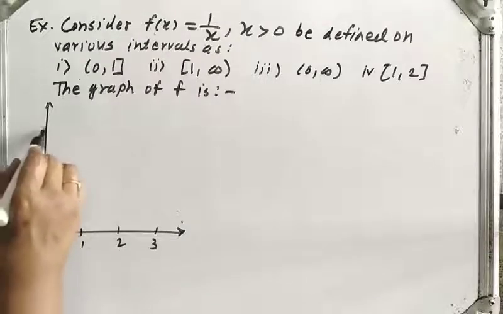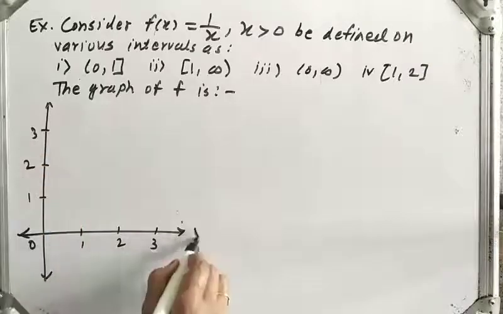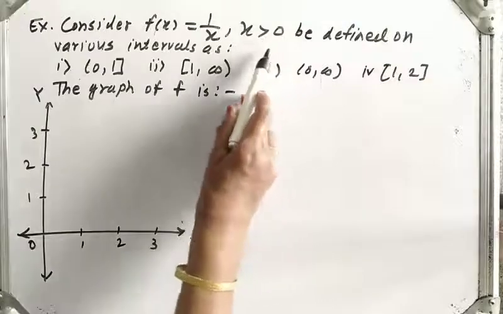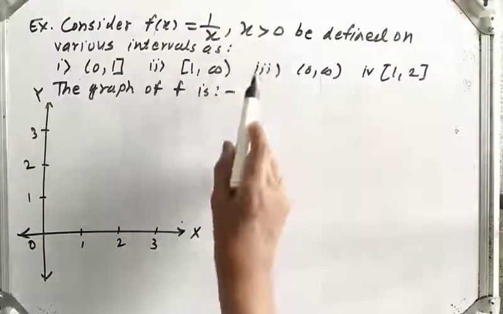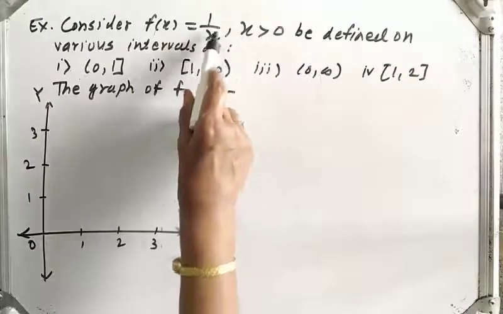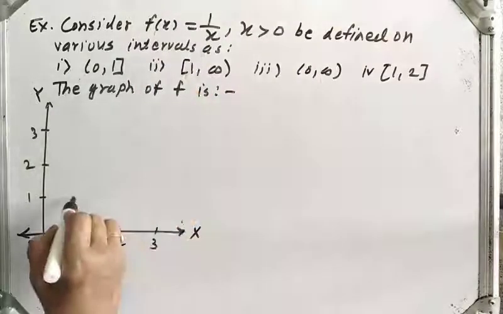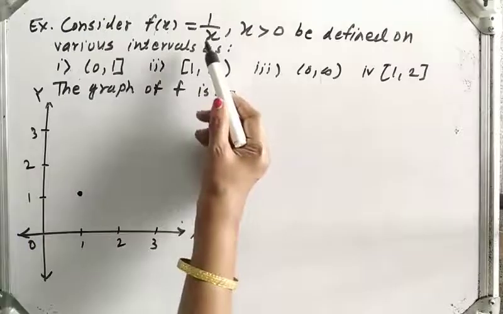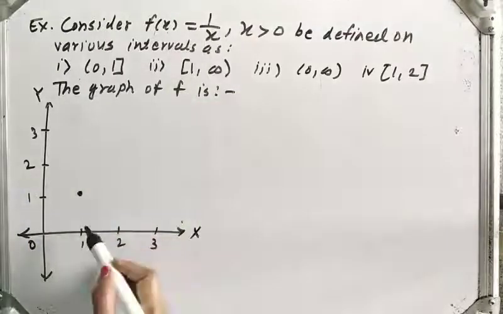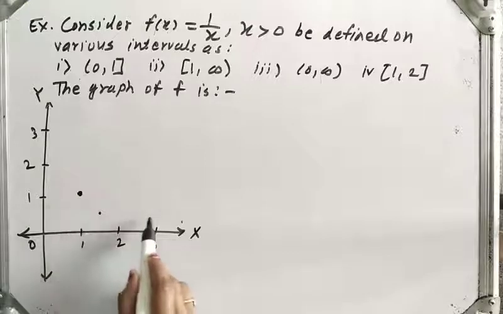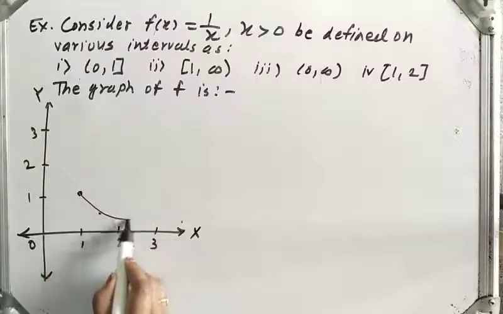For all x greater than 0, we are considering only positive reals. If x is 1, f of 1 will be 1 upon 1, that is 1. f of 2 will be 1 half, 0.5. f of 3 will be 1 upon 3.